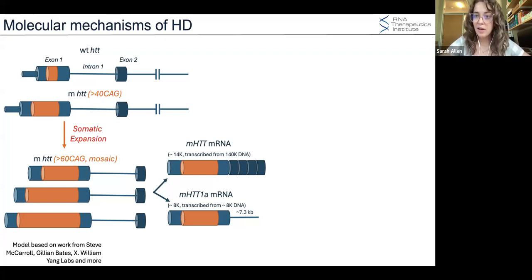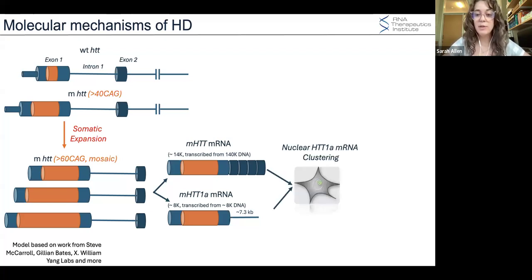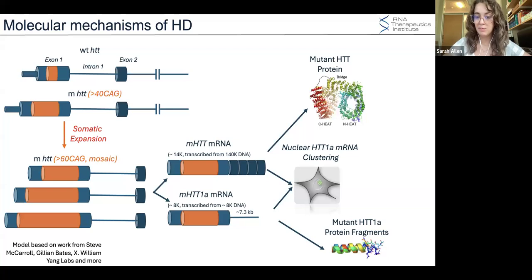And this is a transcript we term HTT1A. Both of these transcripts accumulate within clusters in the nucleus. The HTT1A specifically is found predominantly within these nuclear clusters. And then both transcripts are translated into protein.